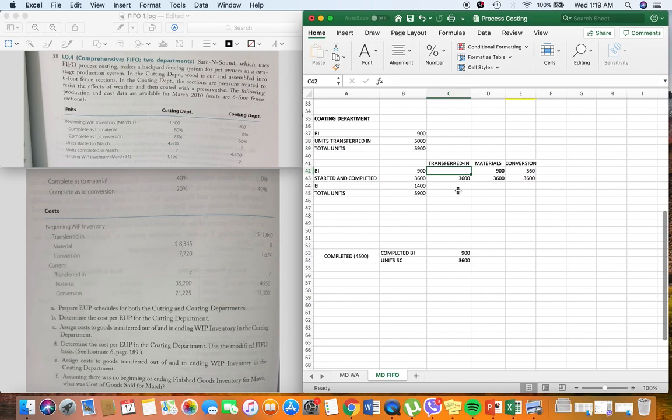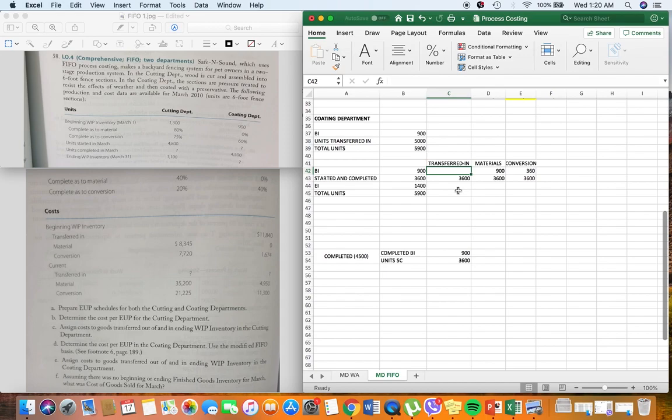If we are talking about the beginning inventory units, what is the characteristic of the beginning inventory units? These are units that were started last month but were not completed. Kaya nga naiwan siya sa ending inventory last month, na same units din naman nagiging beginning inventory natin the following month.